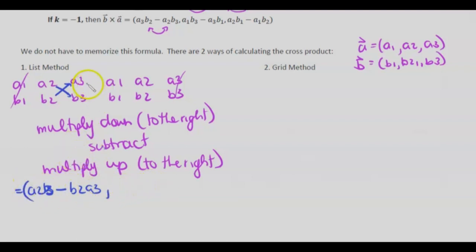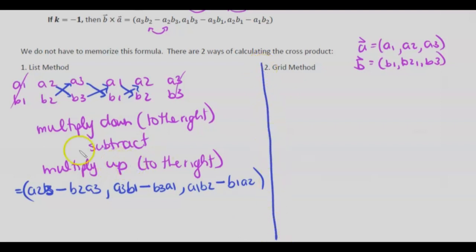And the next one, A3B1 minus B3A1. Now A1B2 minus B1A2. So that is how you get the cross product.